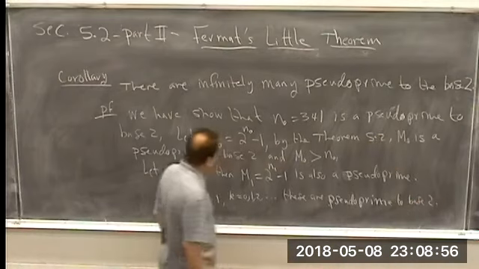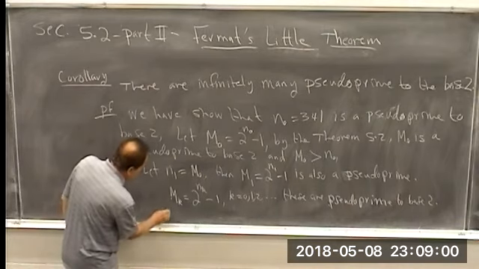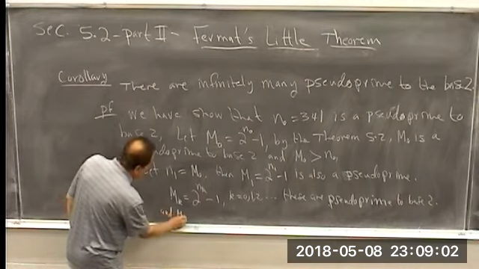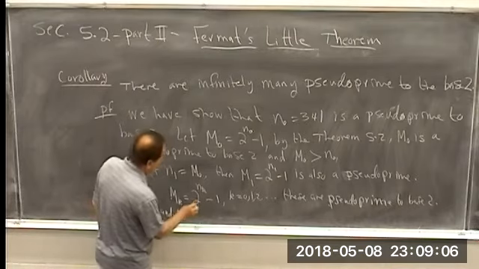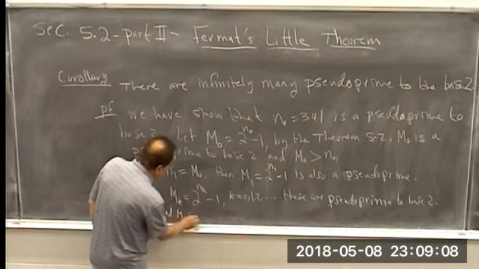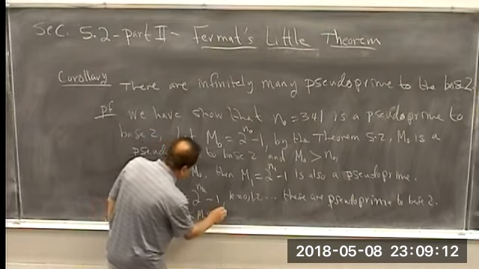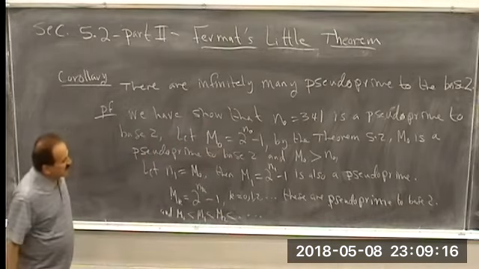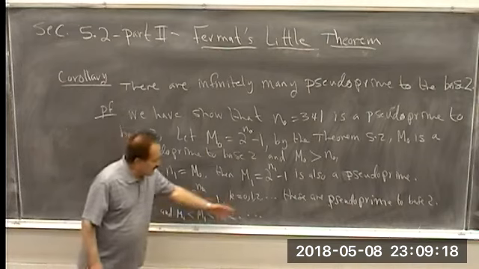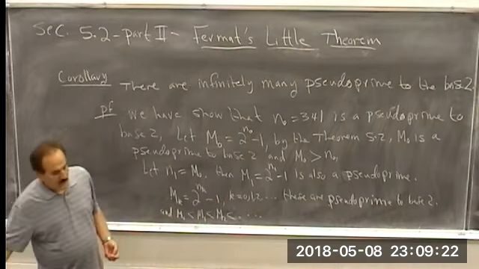And moreover, they are strictly increasing, meaning we have m sub 0 less than m sub 1, less than m sub 2, and so on. And since there are infinitely many k's, there are infinitely many pseudoprimes, of course. All right.